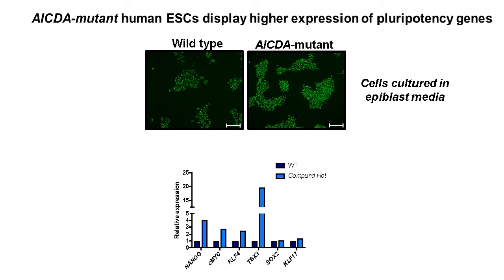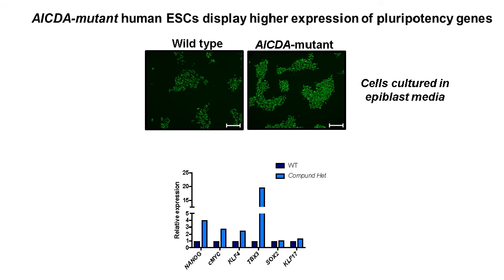And this was similar for other pluripotency genes, as you can see in the lower panel: AID mutant cells have higher expression of many of the pluripotency genes as compared to the wild type. So this indicates that in the prime conditions, similar to mouse cells, human pluripotent cells have higher expression of these pluripotency genes.